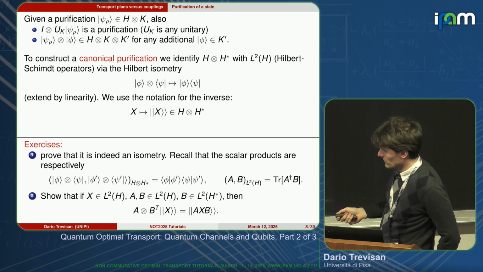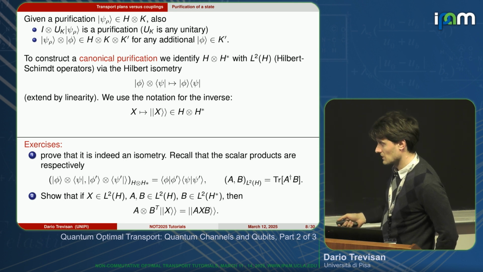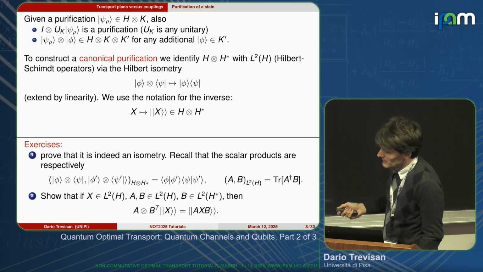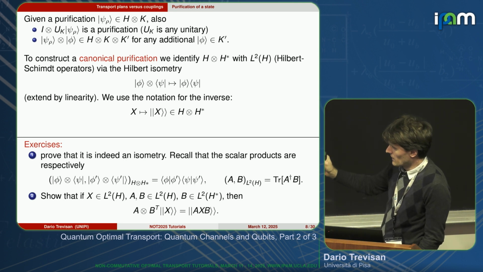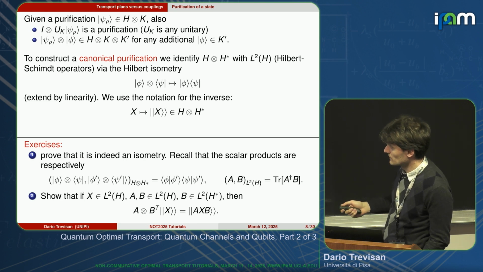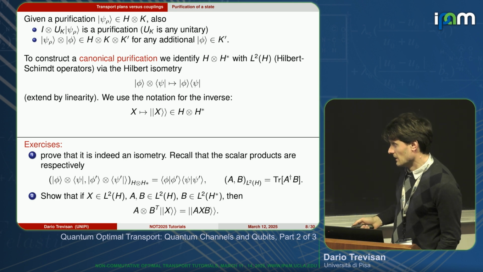Given two operators, you take the trace of A dagger, the adjoint of A, composed with B. If you write everything in coordinates, this is simply a component-wise scalar product of the matrices.